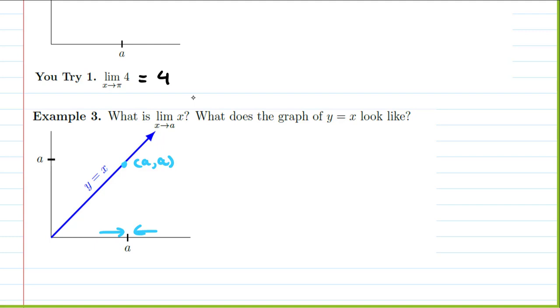So as we approach the x value of a, what y value does the graph also have to be getting close to? A, right? So the limit as x approaches a of x is always equal to a.